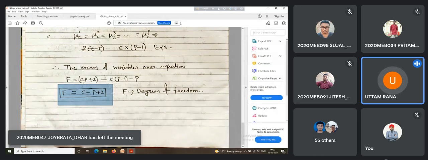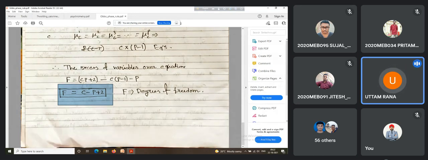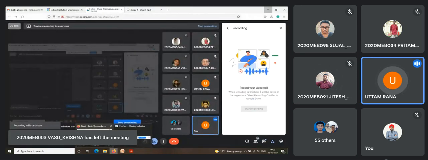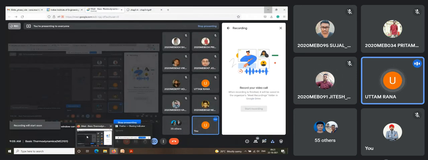That has to be specified in order to specify the state. Understood this? Any question? No question.